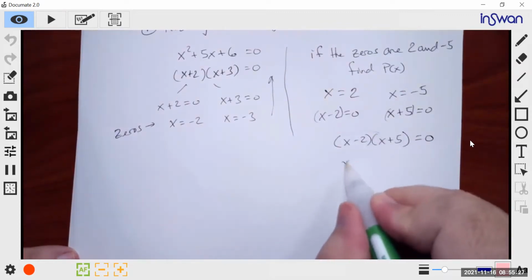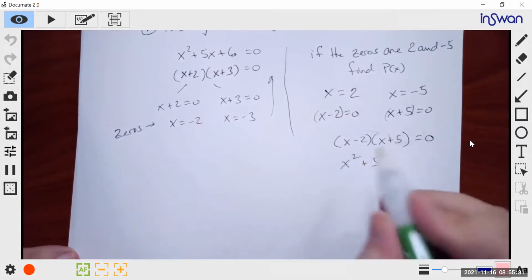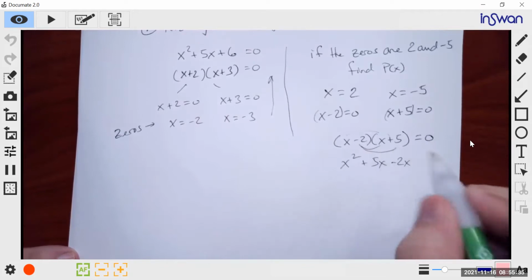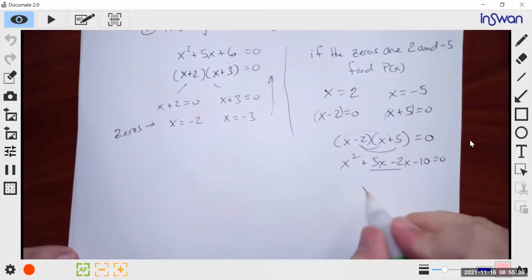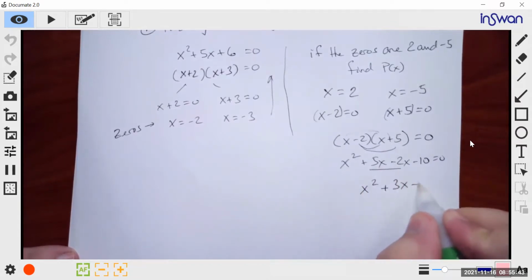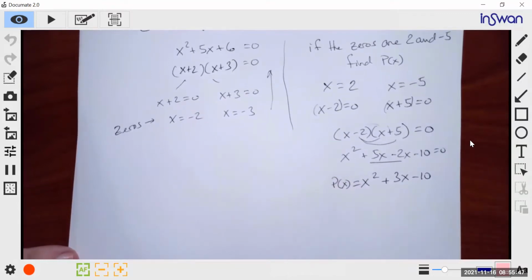X times x is x squared. X times +5 is +5x. -2 times x is -2x. -2 times 5 is -10. Combine like terms. 5 minus 2 is 3. There's your polynomial. So just work backwards.